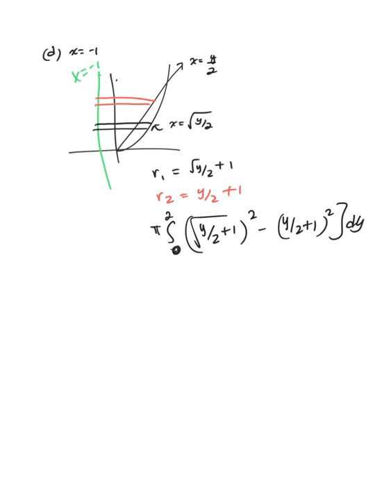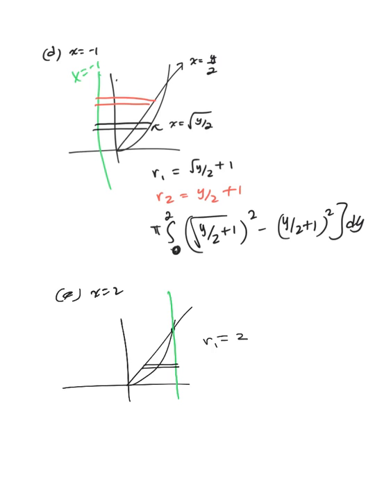All right, let's say we were revolving it around the line x equals 2. Same picture. But x equals 2 is over here, as you know. So my outer radius, remember outer is further. R1 is going to be 2 minus y over 2.